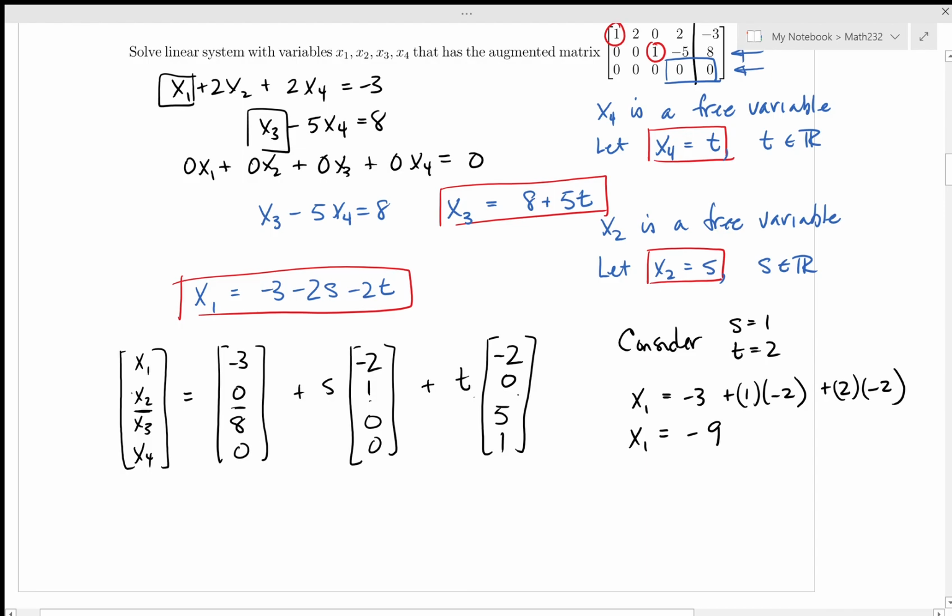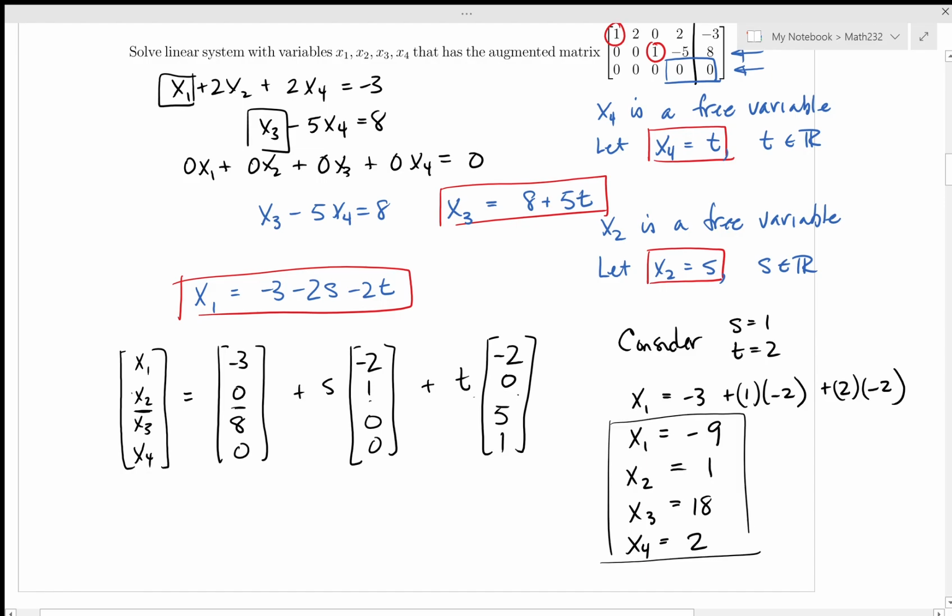And I similarly calculate x2. Well, x2 is simply s. And then x3 is 8 plus 5t, and t is 2, so that's 18. And x4 is simply t, so that's 2.